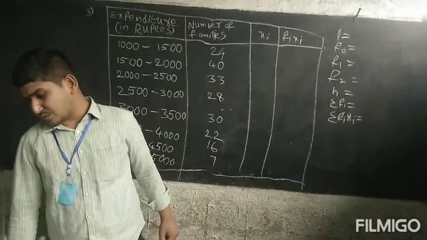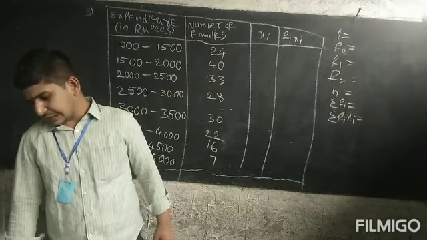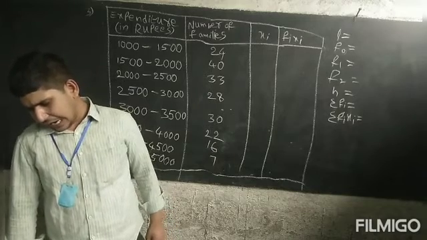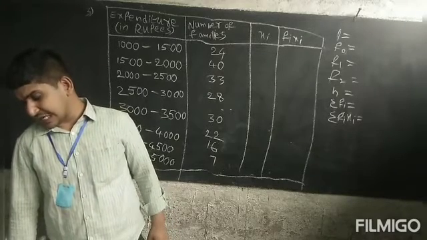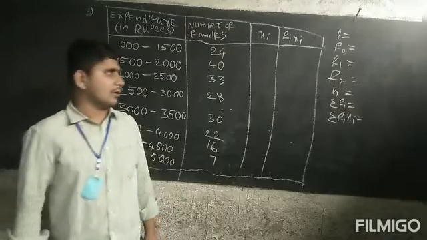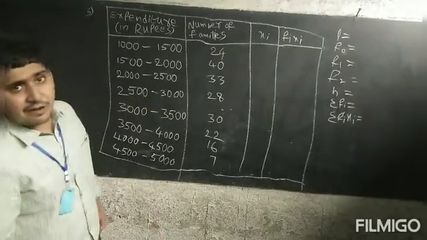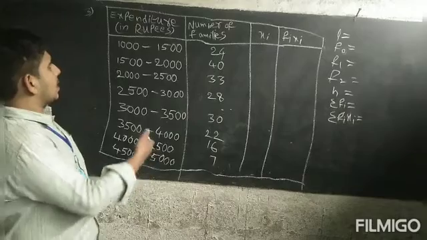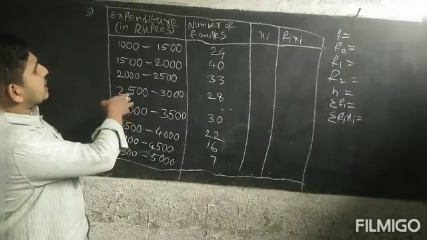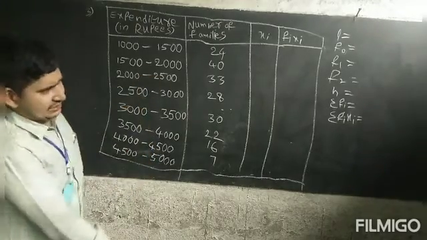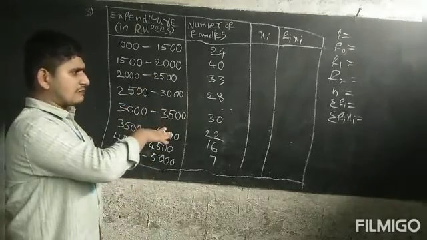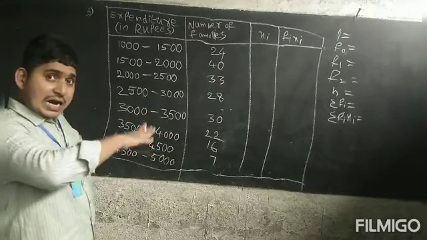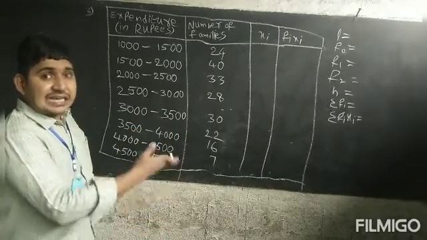Find the modal monthly expenditure of the families. Also find the mean monthly expenditure. Now you have to find out the mode and mean of the given data.